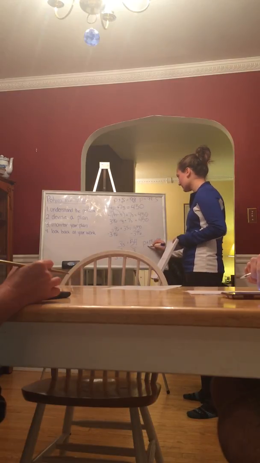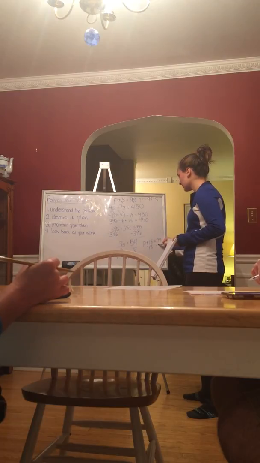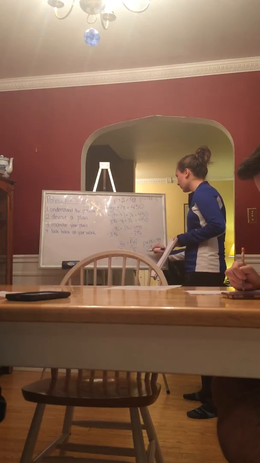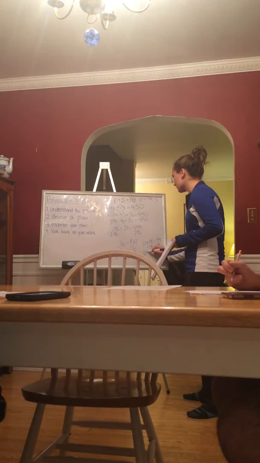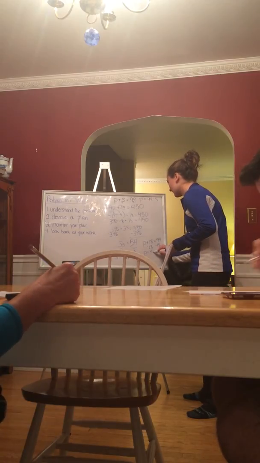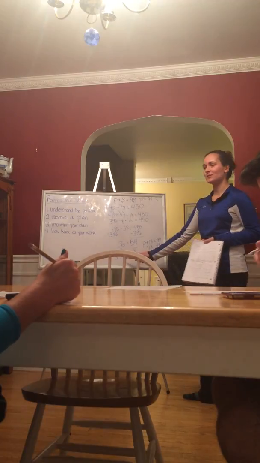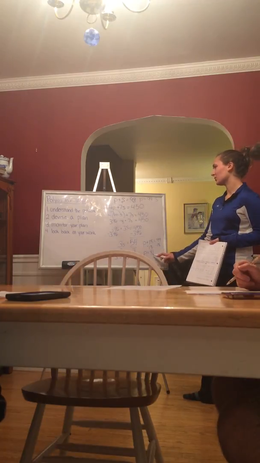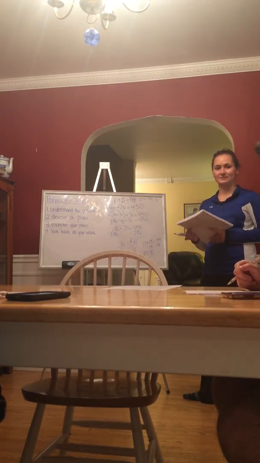We subtract 18 from both sides. What we're left with is P equals 81. So we have 18 star flowers and 81 poppies in our garden.